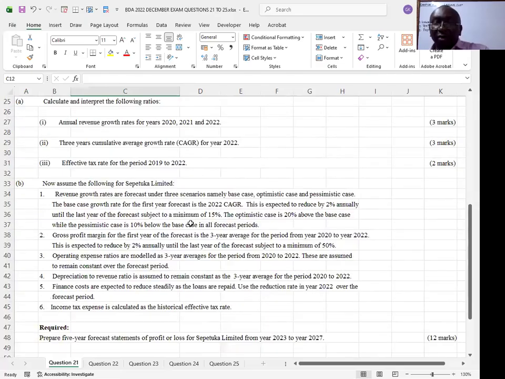Now assume the following for Sepetuka Limited. 1, revenue growth rates are forecast under 3 scenarios, namely base case, optimistic case, and pessimistic case.